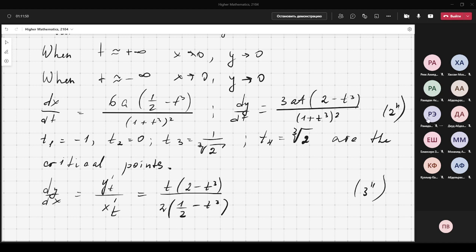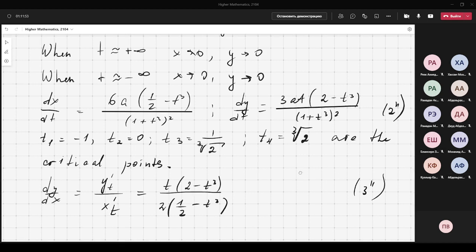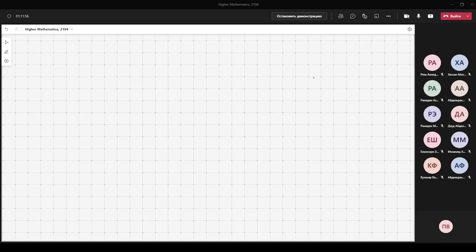On the basis of formulas 1', 2', and 3', we complete the following table: range of t, corresponding range of x, corresponding range of y, sign of dy over dx, and type of variation of y as a function of x.